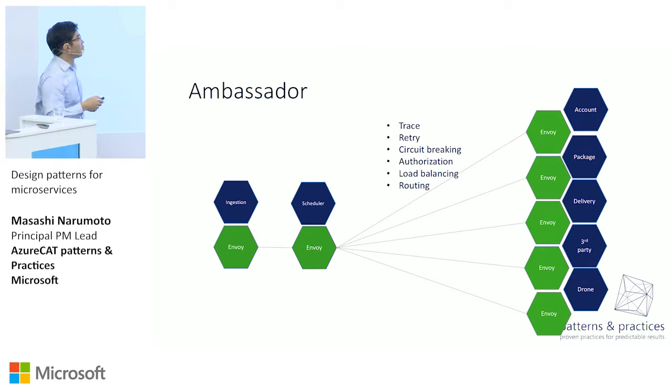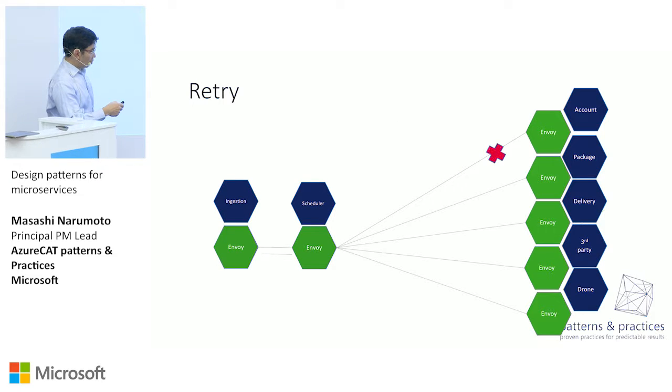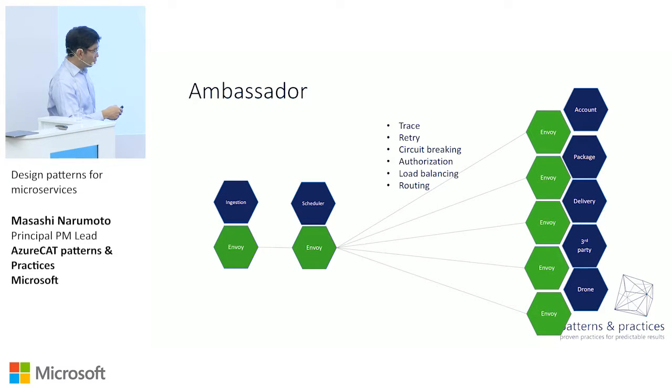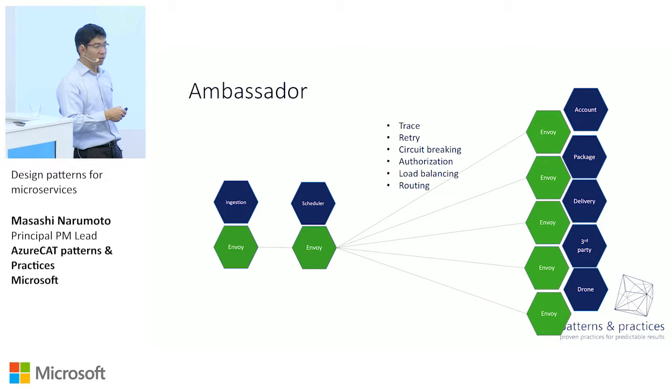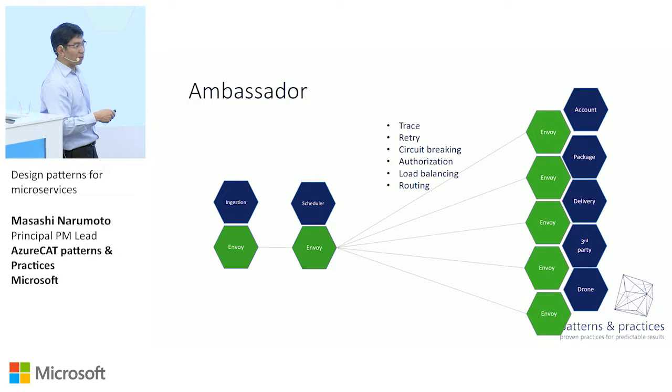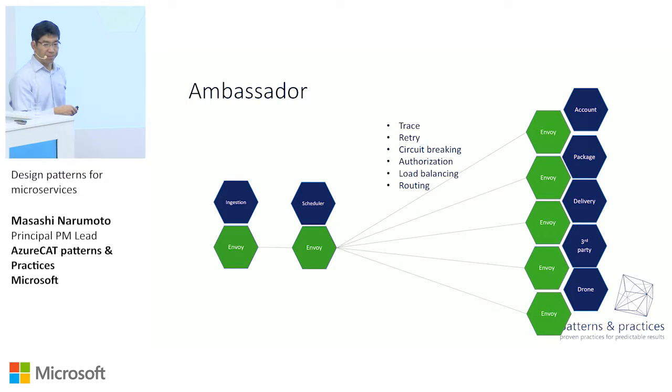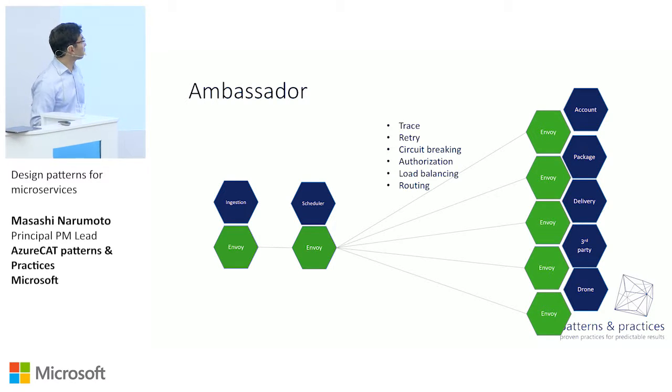So instead of you doing these things, Envoy, which comes with Istio, the service mesh, does these features for you. So you don't need to do anything. You have to configure those things, but Envoy does it for you. And Envoy is the ambassador running as a Sidecar. Okay?